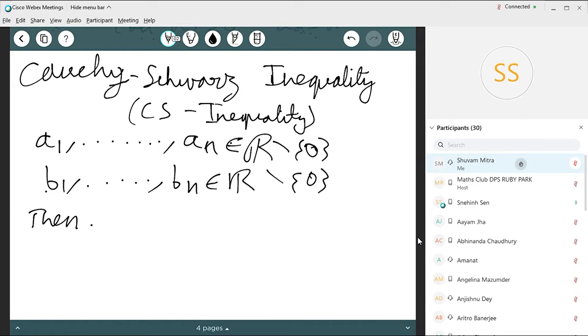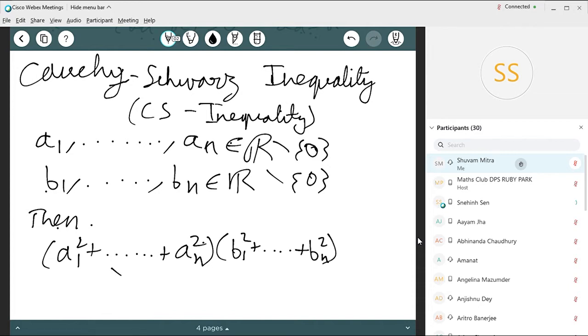Okay, so the statement of the inequality is as follows: a1 square plus dot dot dot plus an square, this sum, times b1 square plus dot dot dot plus bn square is greater than or equal to (a1 b1 plus dot dot dot plus an bn) whole square.